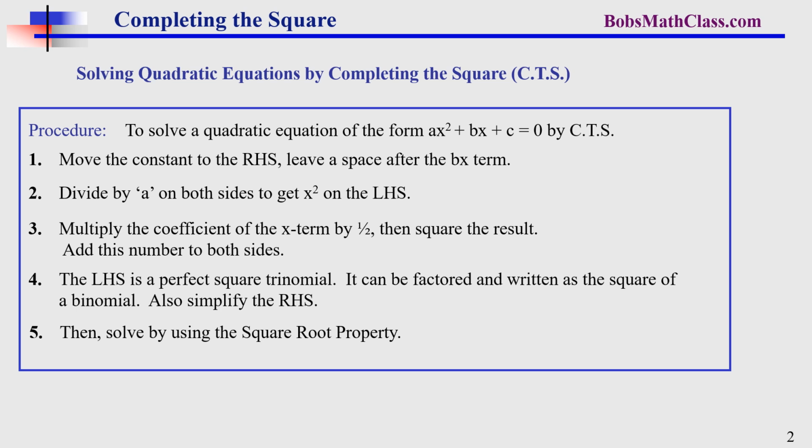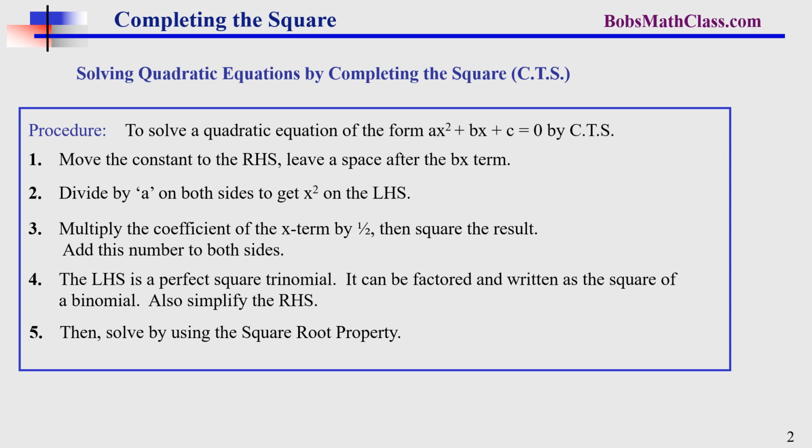What we're trying to do is build a perfect square trinomial. So most likely it's not a perfect square trinomial the way it is. Step 2, divide by a on both sides to get x squared on the left-hand side. So if there is a number in front of the x squared, we have to divide everything by that number.